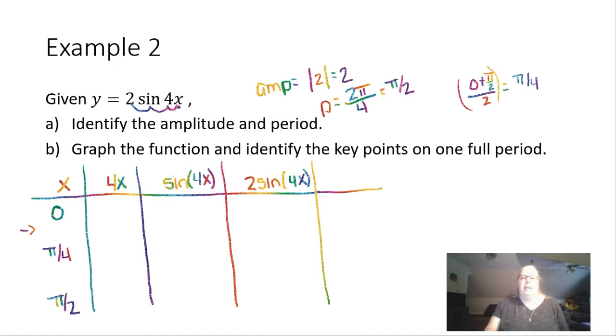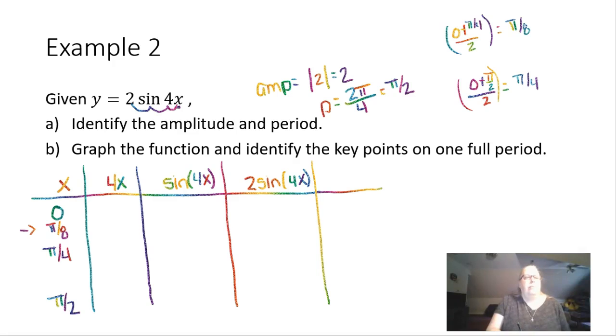And the way I'm going to find it, once again, is I'm going to take 0, add it to pi over 4, and then divide it by 2, and this is going to give me pi over 8. Now, don't worry, I know this angle is not on the unit circle. It's okay, because doing it in the chart this way we're going to wind up with angles on the unit circle that we can find the sine of.